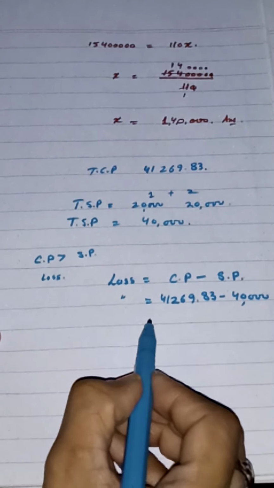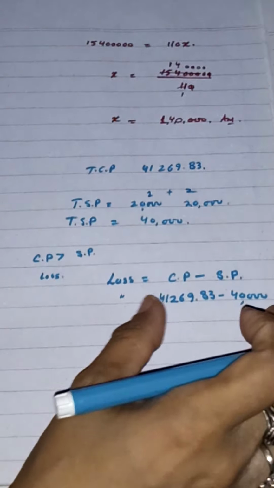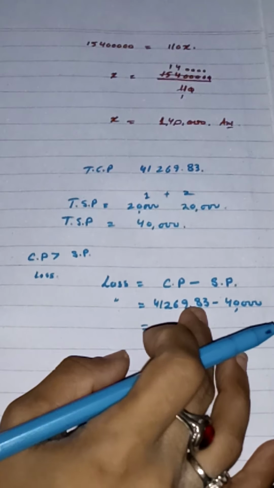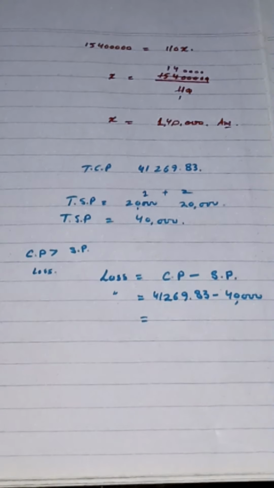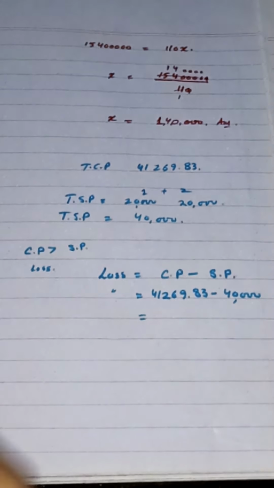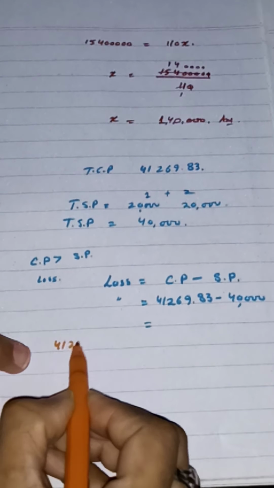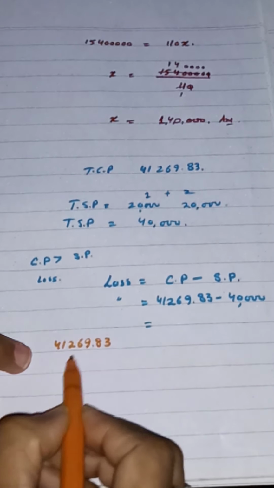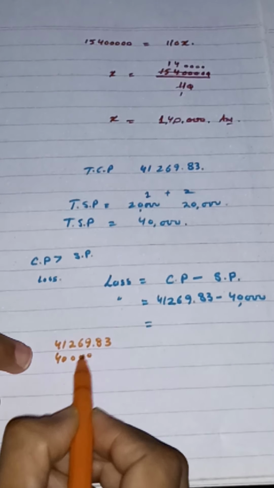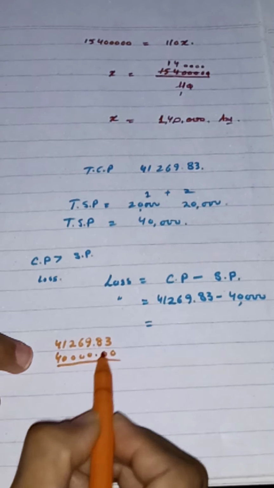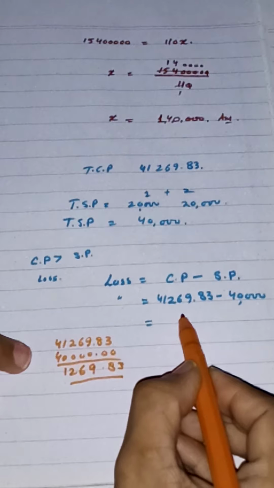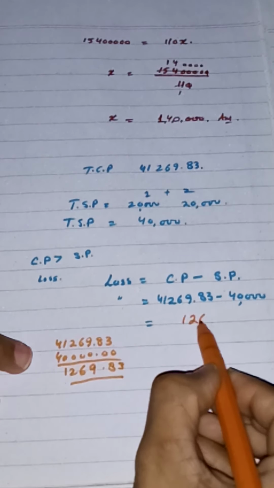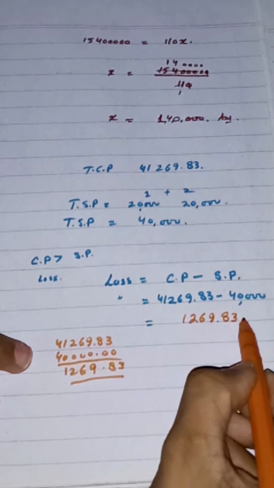So subtract: 41,269.83 minus 40,000. So the loss is 1,269 point something. Okay.